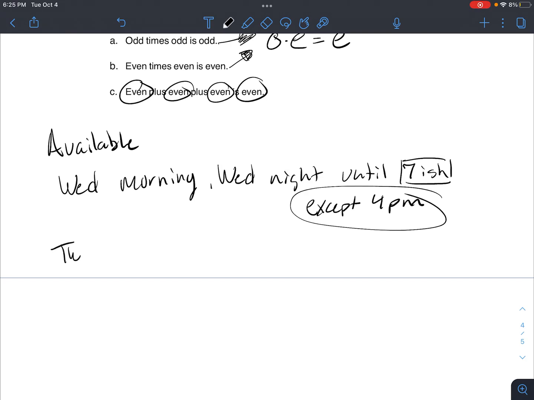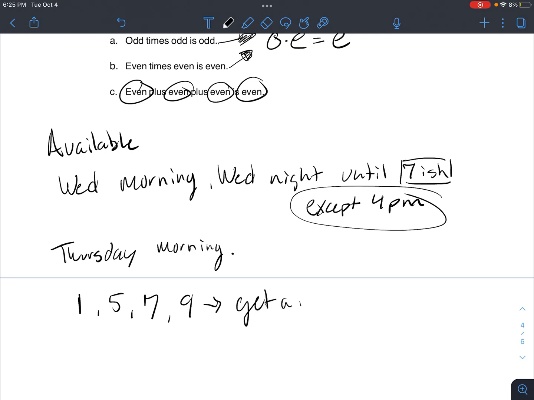But then Thursday morning, and then I am most of the time available first period, fifth period. You can come in seventh period, and you can come in ninth period. Just get a pass from your study hall, or if you got fifth period lunch, just come on up and we'll talk. I do usually run to the restroom, and I do eat my lunch there. So, if I'm not there, you can just hang out or wait for me or come find me.